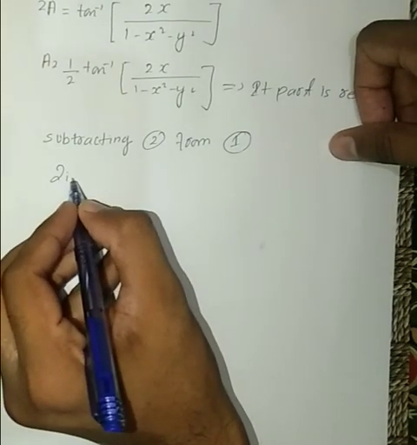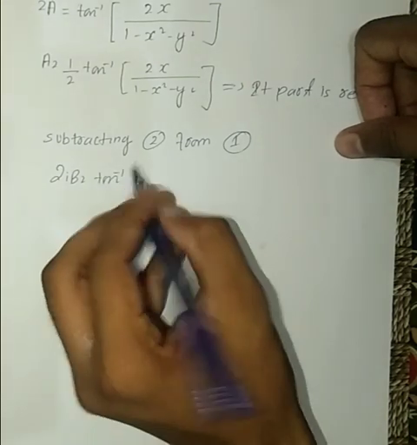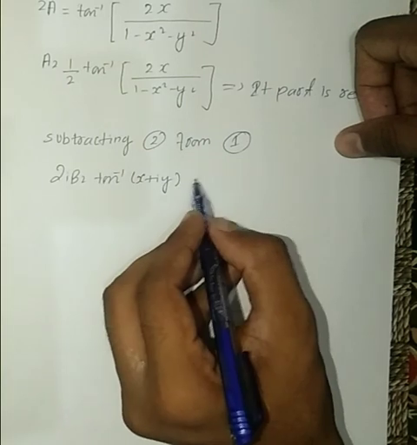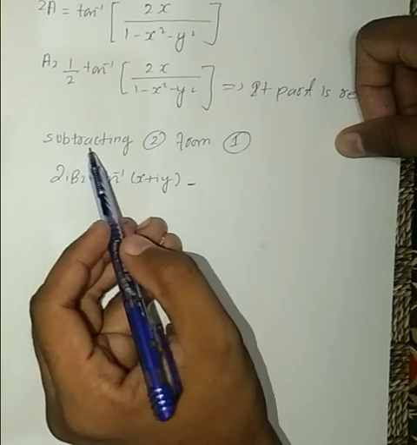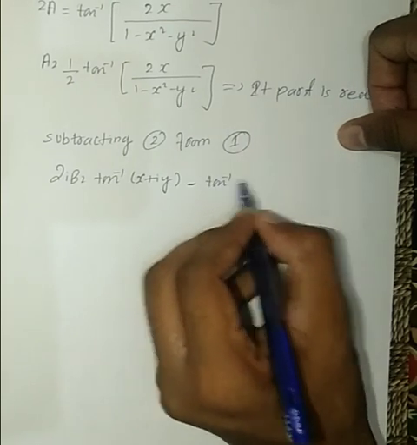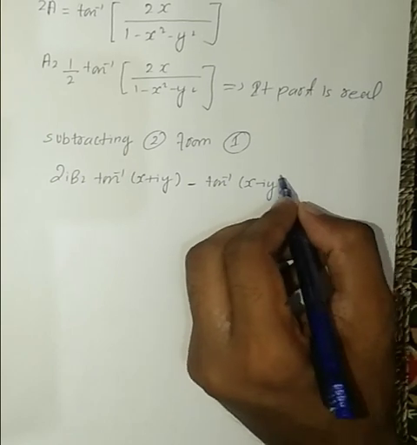And 2 iota b equals tan inverse of x plus iota y, and the sign is negative, so subtracting the equation, tan inverse of x minus iota y.